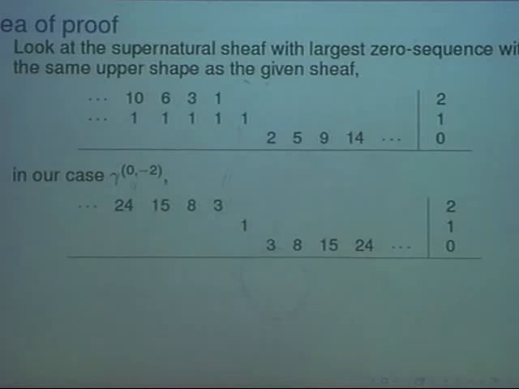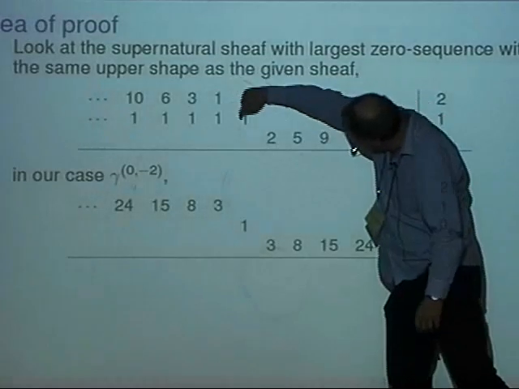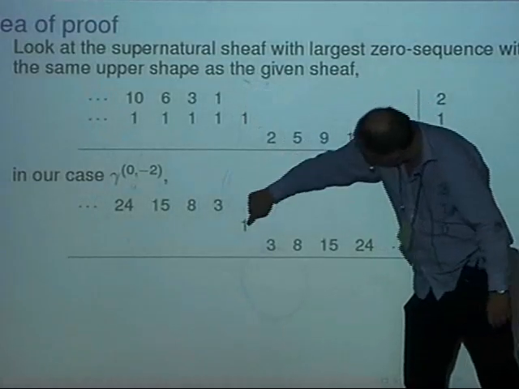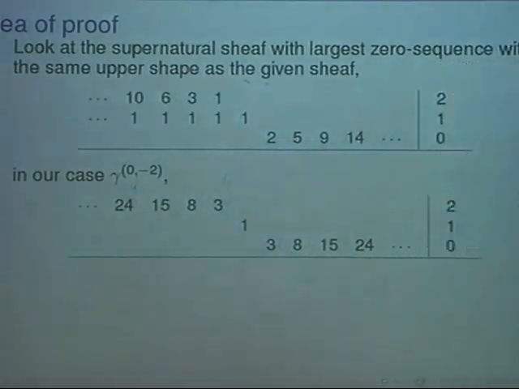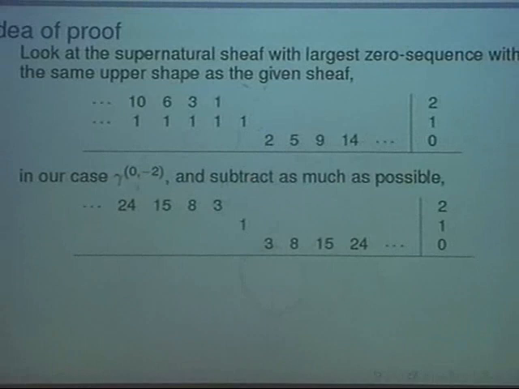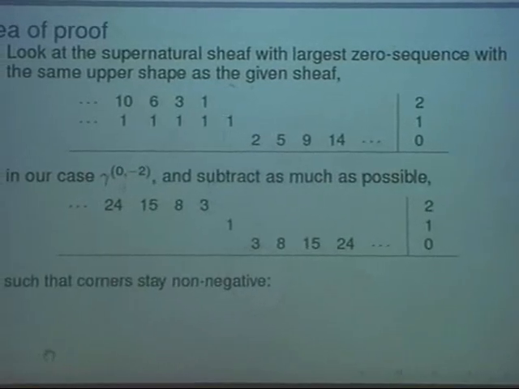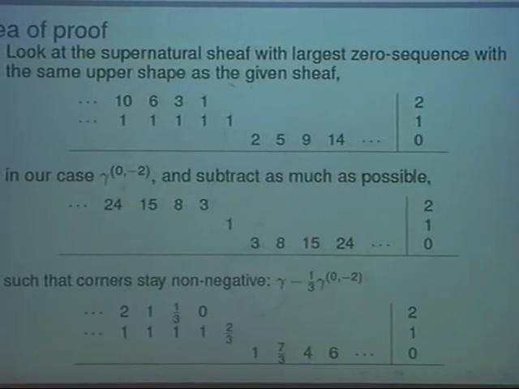So this is a cotangent bundle, but maybe twisted. And then we subtract, so that the corner values, these are the corners, still stay non-negative after subtraction. If we want to do that, then we can subtract a third of this, which makes a 0 over here, and then we get some fractions.